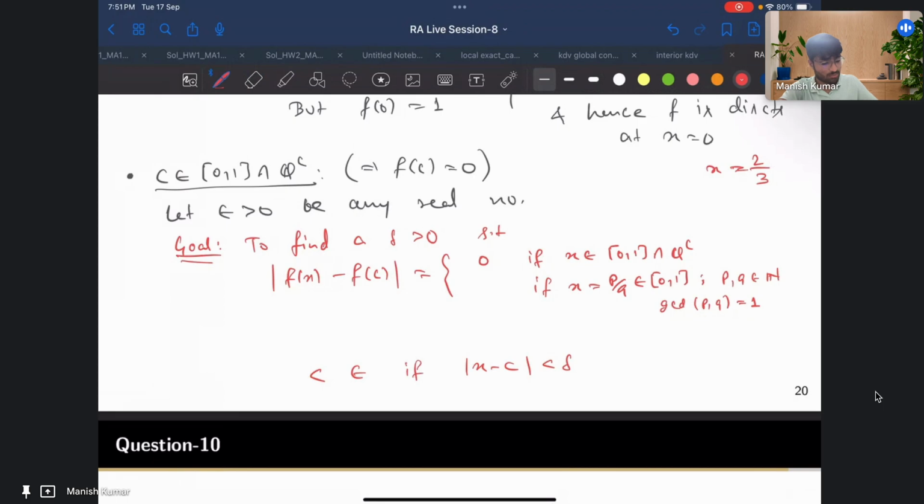So that's why I am putting this condition. Then the functional value would be 1 by q, right? This is how my function is looking.